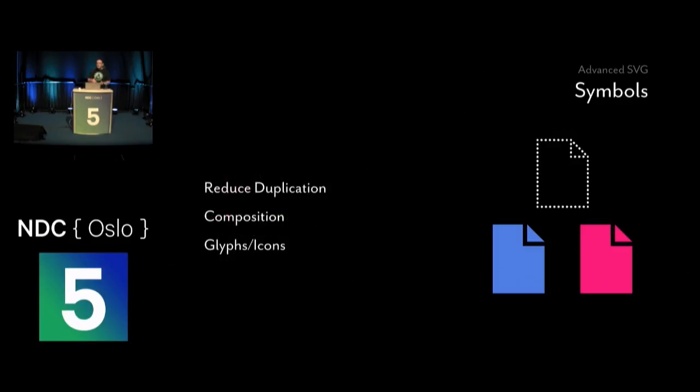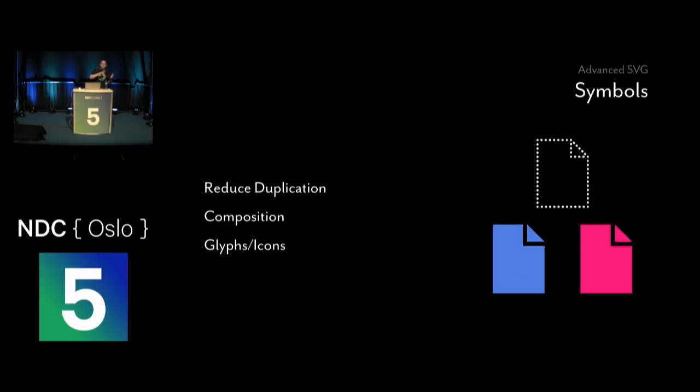As I mentioned before, we use this quite a bit at Vectra, not only to reduce duplication, which it definitely does, but it also helps us compose different symbols as well. So we might have one symbol that represents a check mark for something good that happened, and then we might have a couple of other symbols.